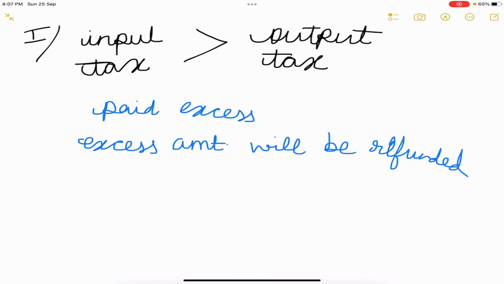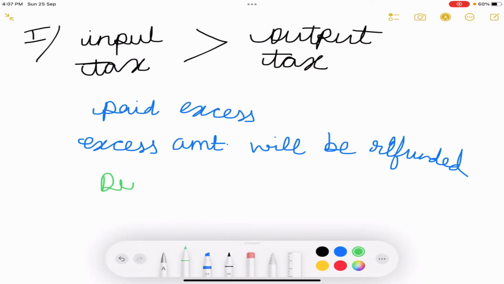Here the input tax is more than the output tax, which means we have paid excess and will be getting the excess amount back. So we are going to debit the cash account because you will be getting cash from the government, and you are going to credit the sales tax. This is the excess amount which you have received.